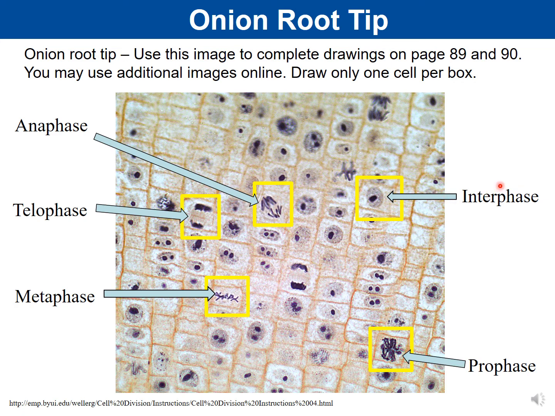So if we look at interphase, here is a cell in interphase. The purple is going to be the DNA. Notice that you don't see any distinguishable chromosomes at this point. The chromosomes are decondensed, right? They're not packed in tightly. So you can see that this cell is in interphase. This little line here, that's the cell wall and the cell membrane.